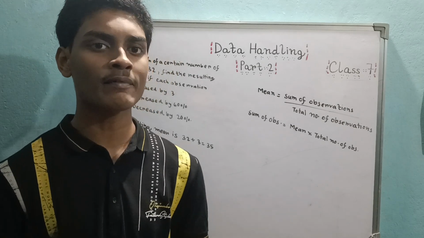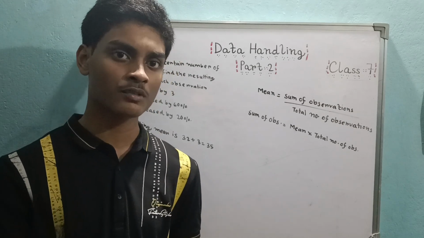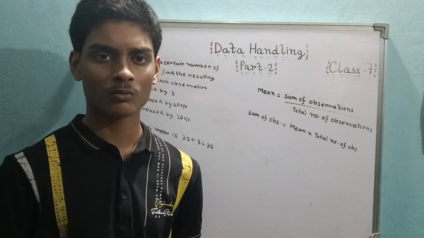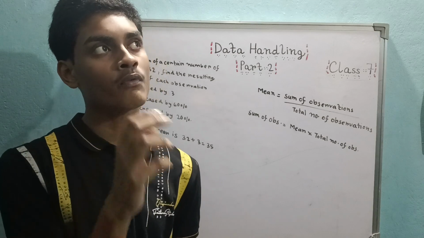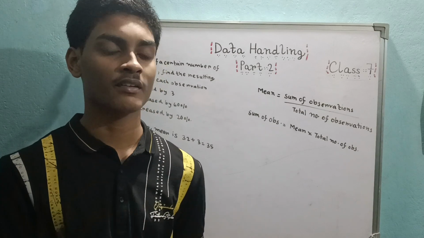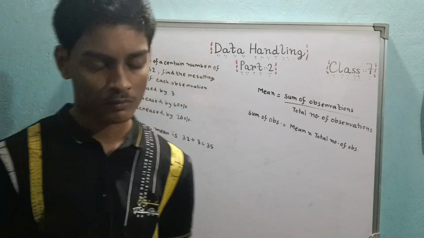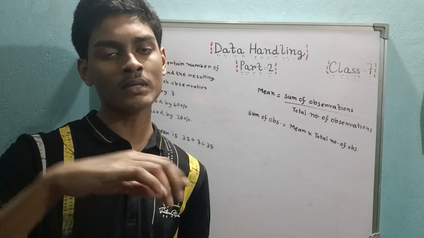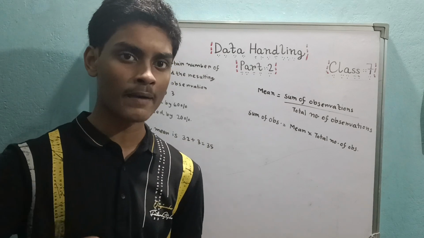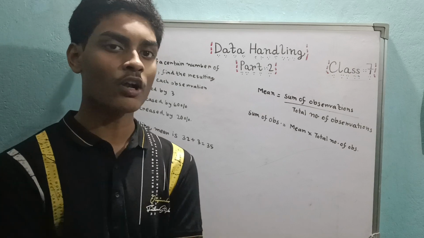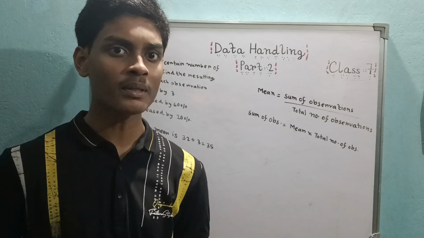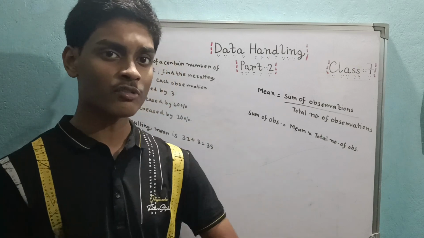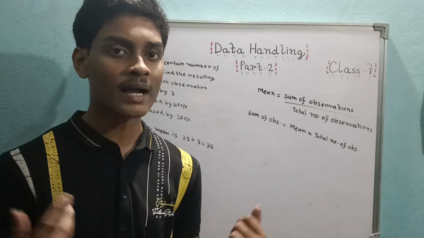What is the mean of 4, 5, 6, 7, 8? 4 plus 5 is 9, plus 6 is 15, plus 7 is 22, plus 8 is 30. The mean is 30 by 5, 6. The original mean was 3, now the mean is 6. So it also increased by 3, the amount by which we increased each of the natural numbers. That's the way it works.